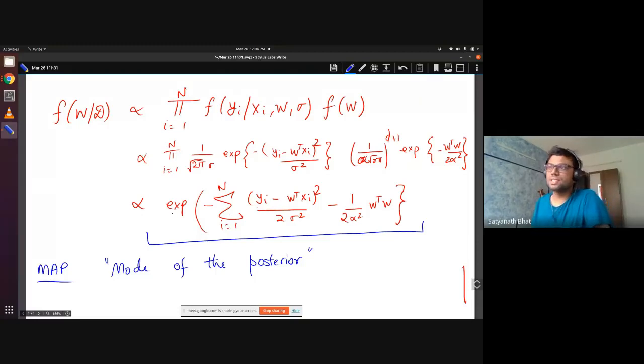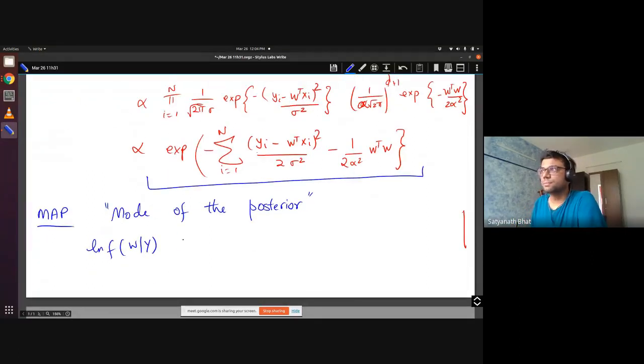To make our life easier, since we have an exponent here, we will take log and differentiate it. So log of f of w transpose y, okay, will be minus 2 alpha squared summation, okay, yi minus w transpose. There is a constant here for whatever reason.